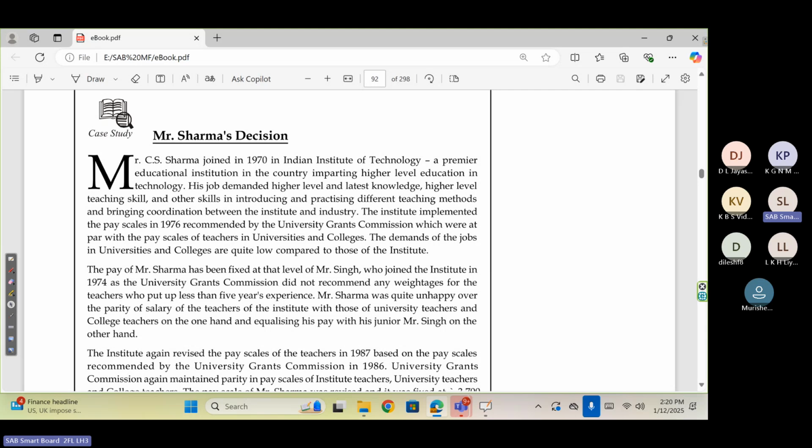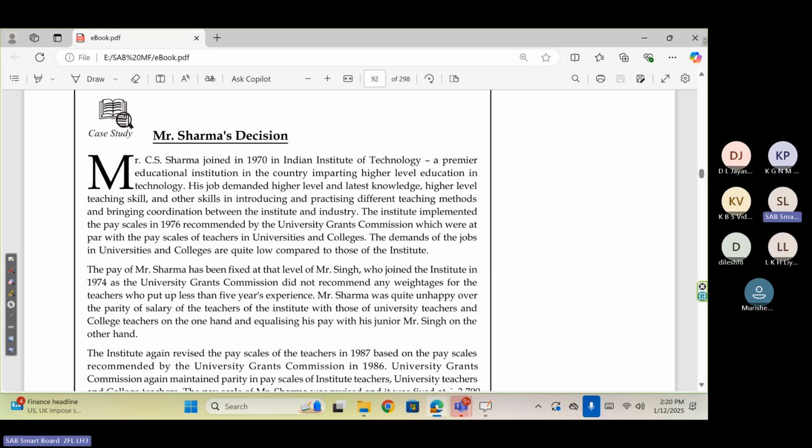The pay of Mr. Sharma has been fixed at the level of Mr. Shin, who joined the institute later. But the UGC usually did not recommend any weightages for teachers with less than 5 years experience. Mr. Sharma was quite unhappy over the parity of salary of teachers of the institute with those of university teachers and college teachers.